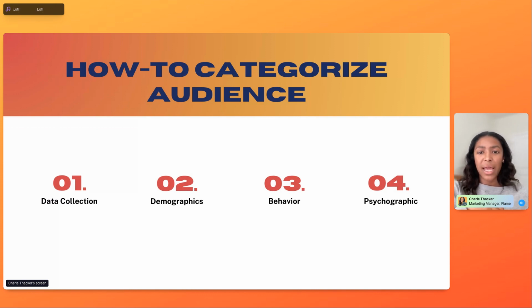I would also say social media insights and anything like web analytics. Social media insights goes back to the analytics within that social media platform. So Instagram has its own insights, Facebook has its own insights. So does TikTok, LinkedIn. They all have their own insights, and you can also use a third-party social media provider.